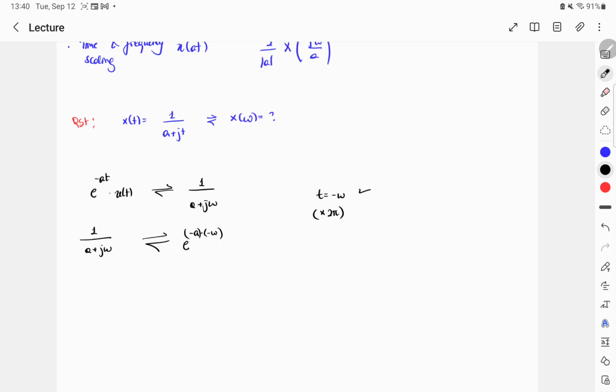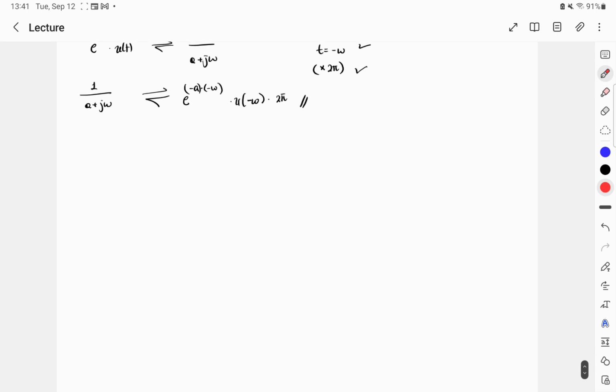It is our first thing to do. And then, we are not finished yet. We just multiply it by 2 pi. And now we are done. We have calculated the Fourier transform of this expression. Now let us move on to the next example.